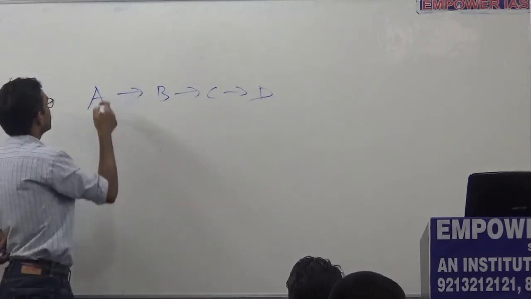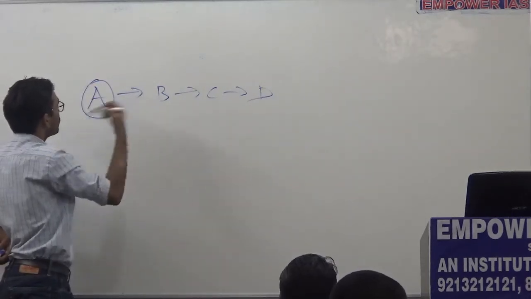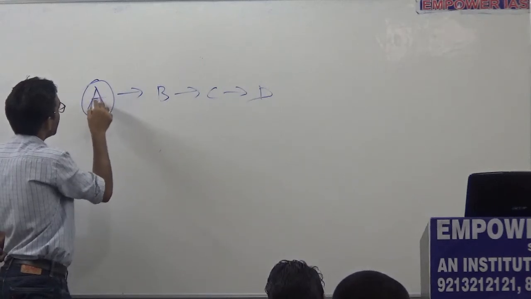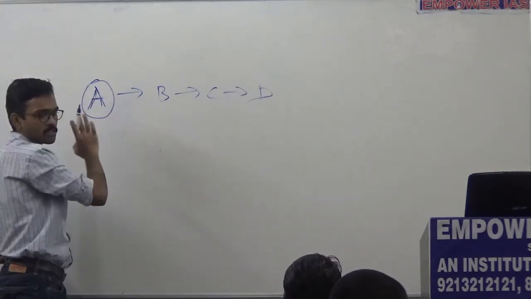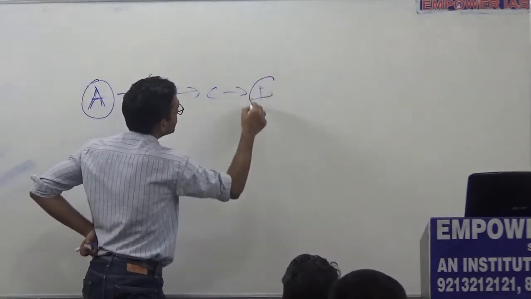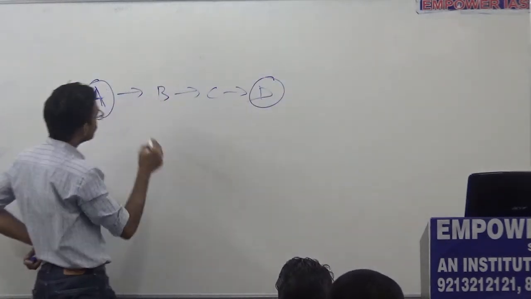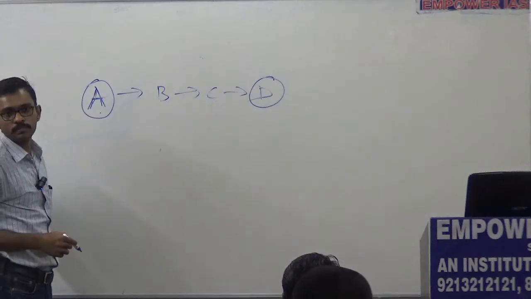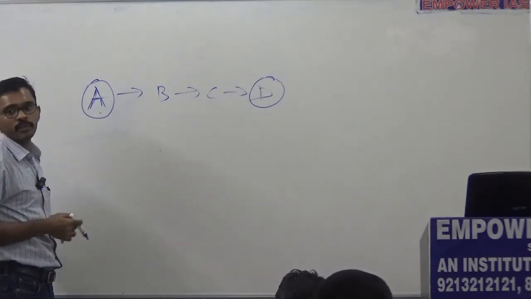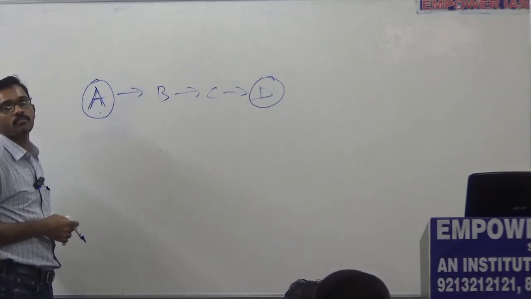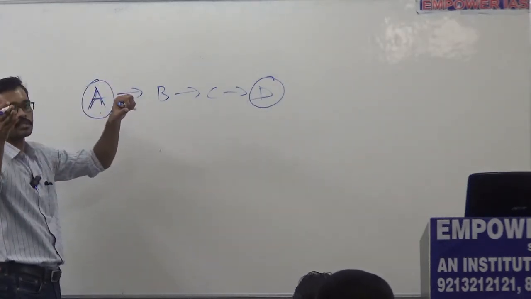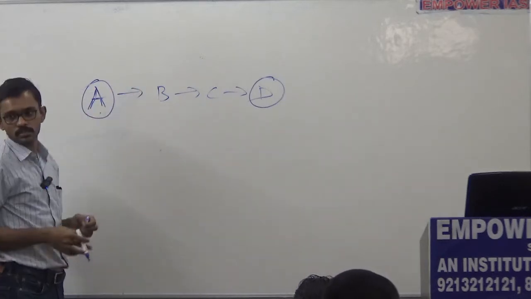For example, we would have an objection to A, not because A is morally objectionable per se, but A will lead to B, B will lead to C, C will lead to D, and D is morally objectionable. Therefore, A should not be allowed. You understand? So it is a kind of extrapolation of an argument without any empirical validity. We say that if we do this, this will lead to this, this will lead to this. Therefore, we should not do this.